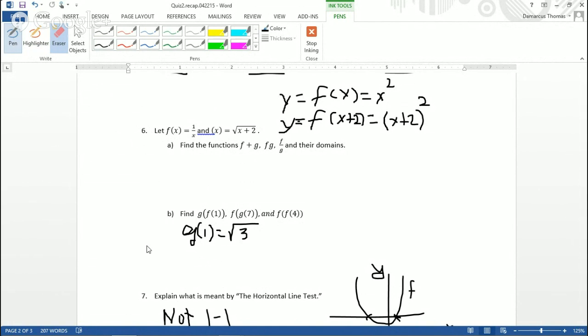And so now all we have to do is take f of 3. F of 3 would be 1/3. All right, let's look at the last one, f of 4, and then we have to f that.